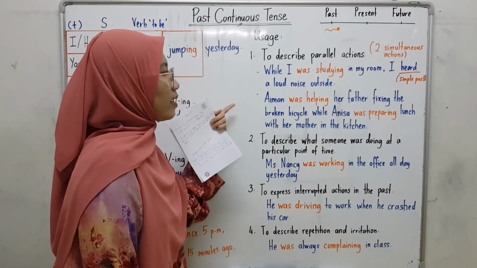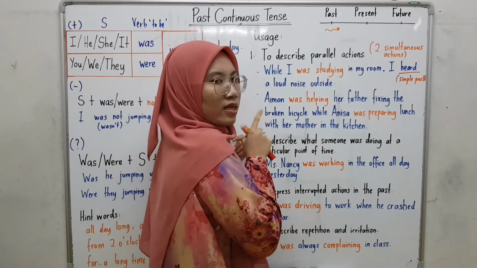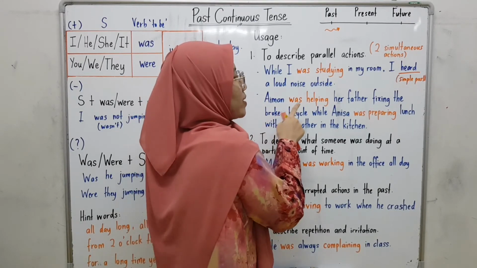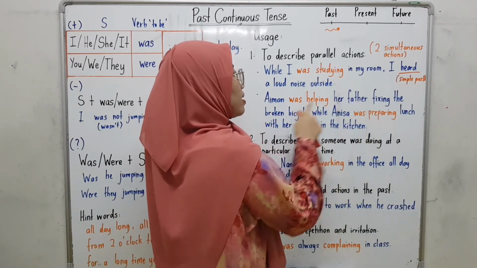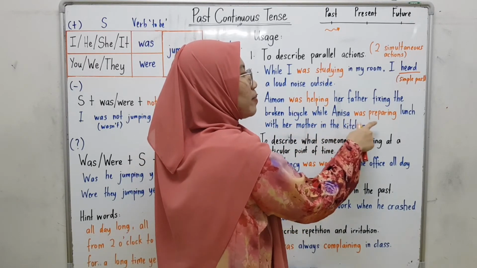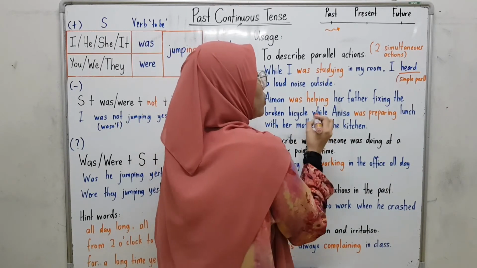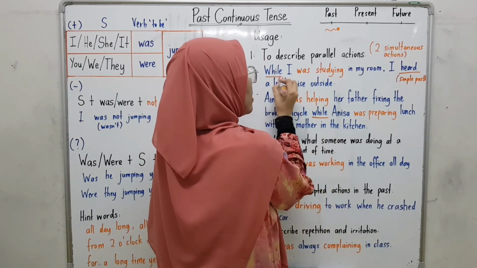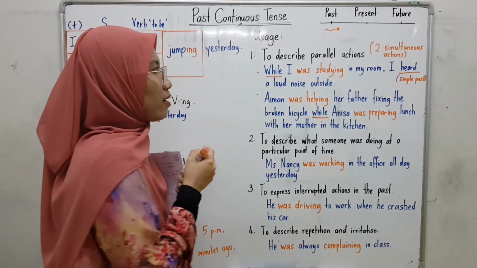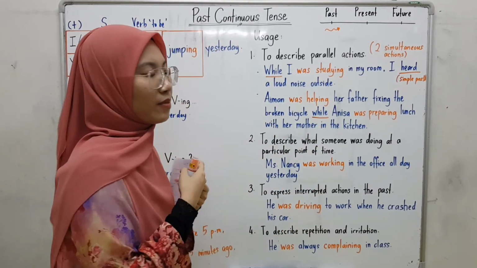For another example, this example shows two simultaneous actions. Aiman was helping her father fixing the broken bicycle, while Anissa was preparing lunch with her mother in the kitchen. The word while here shows parallel actions. Parallel actions mean while; it happens simultaneously.